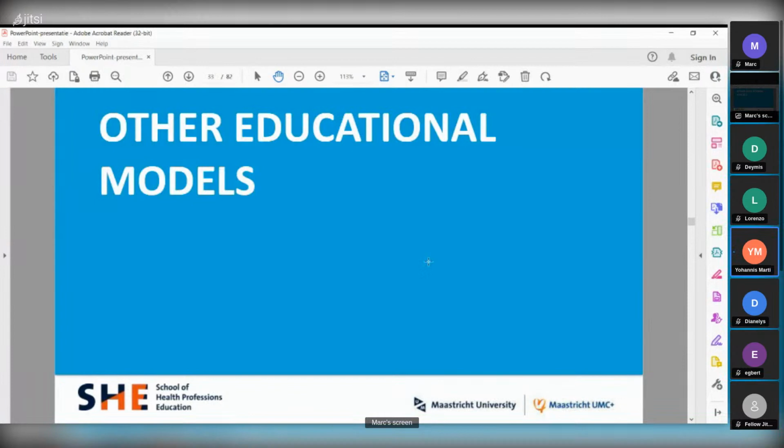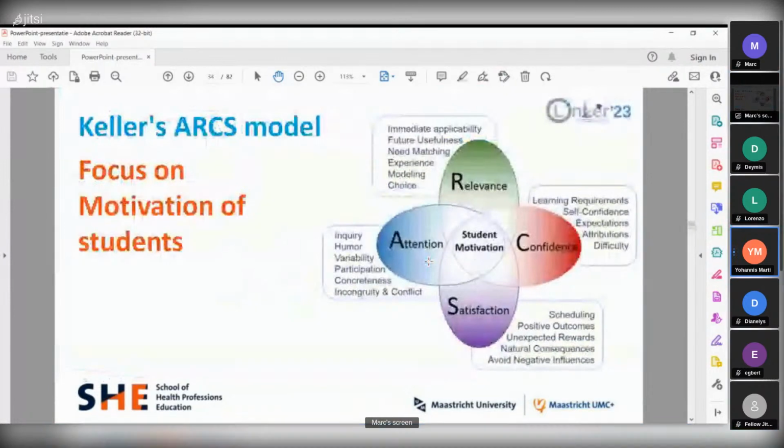We're now going to discuss other educational models. So we just talked about problem-based learning and how that's applied in Maastricht University, and which principles they use to design their education. The next one is Keller's ARCS model, which focuses on the motivation of students.